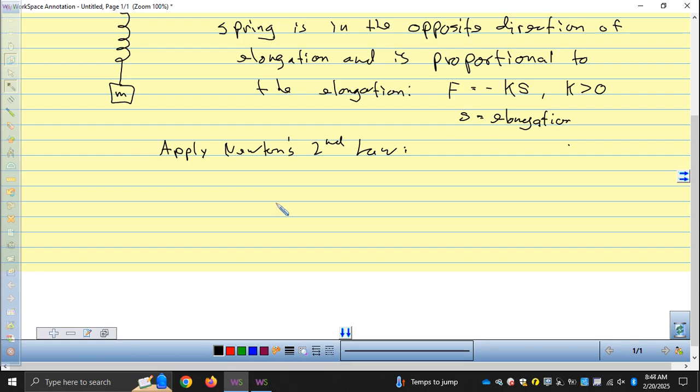And we have the mass times the acceleration, d squared x over dt squared, is equal to negative kx.